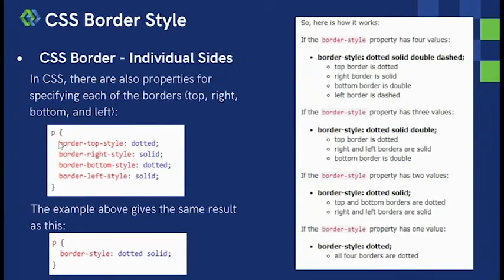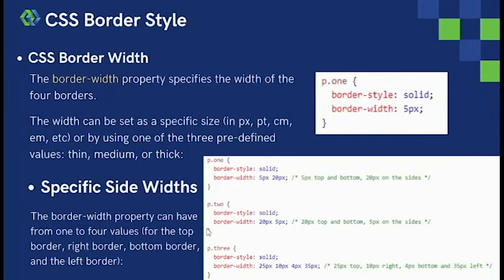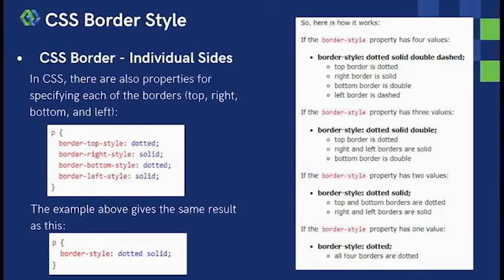So for border width, we can specify the individual sides, and we can specify border top style too. So the example above gives the same result as this. Okay, same result.